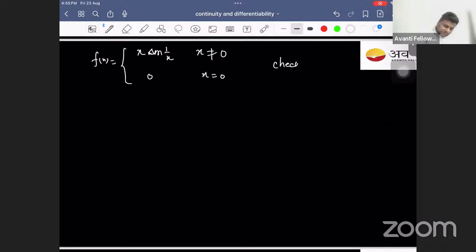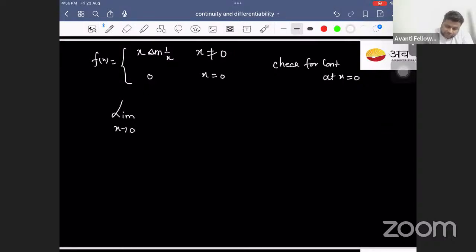Now, check for continuity at x equals 0. Now see, the value of the function at x equal to 0 is already given to you, that is 0. All right. Now, what do we have to find? We have to find the limiting value.